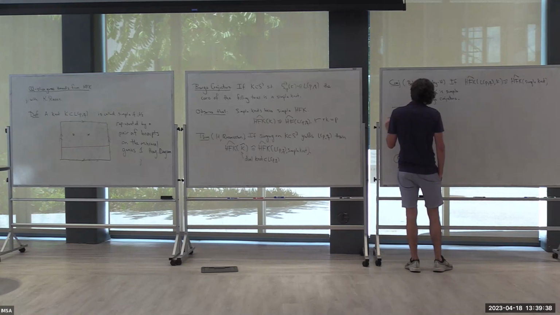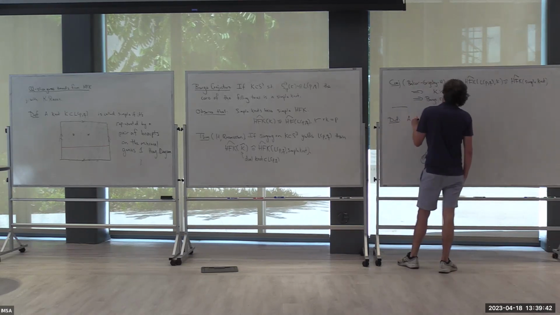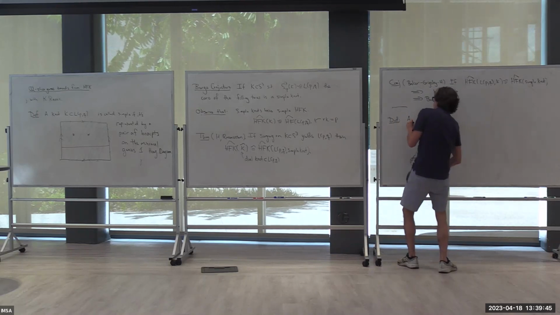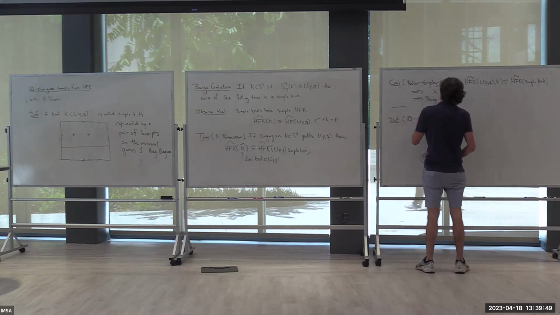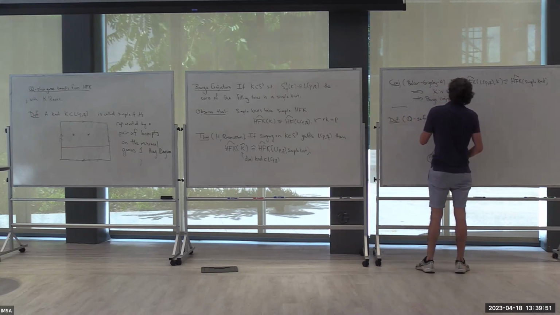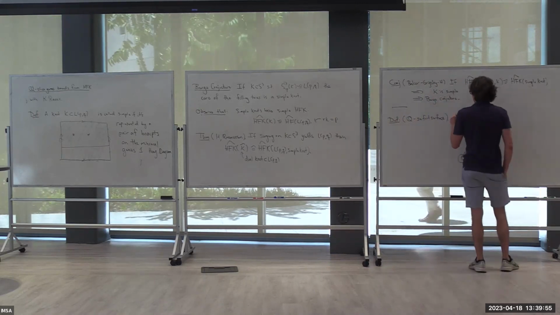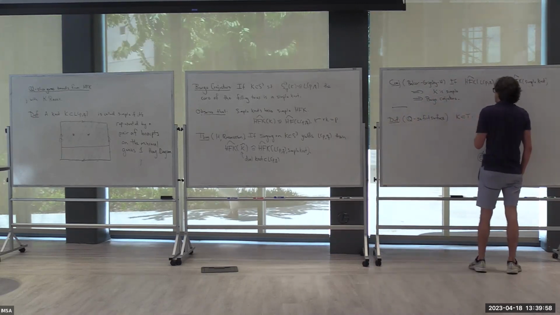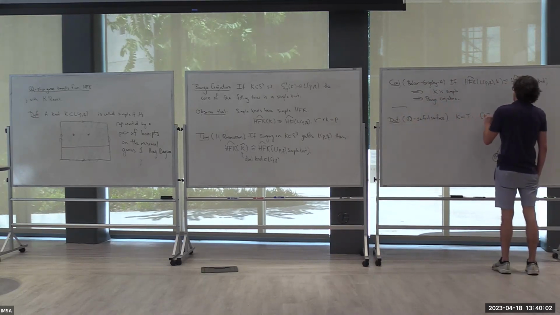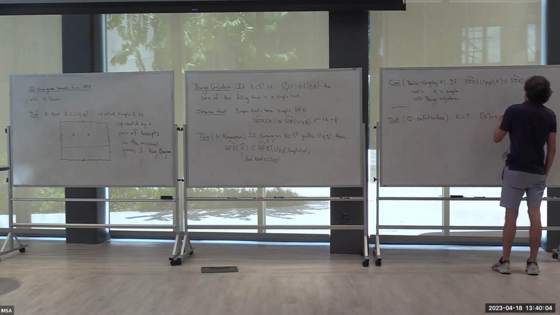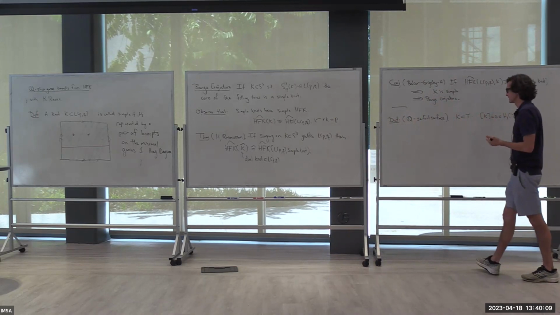So let me define the notion of a rational Seifert surface. Given the three-manifold Y, I need the knot to be 0 in the first homology with rational coefficients. So I'll say it's rationally null-homologous.